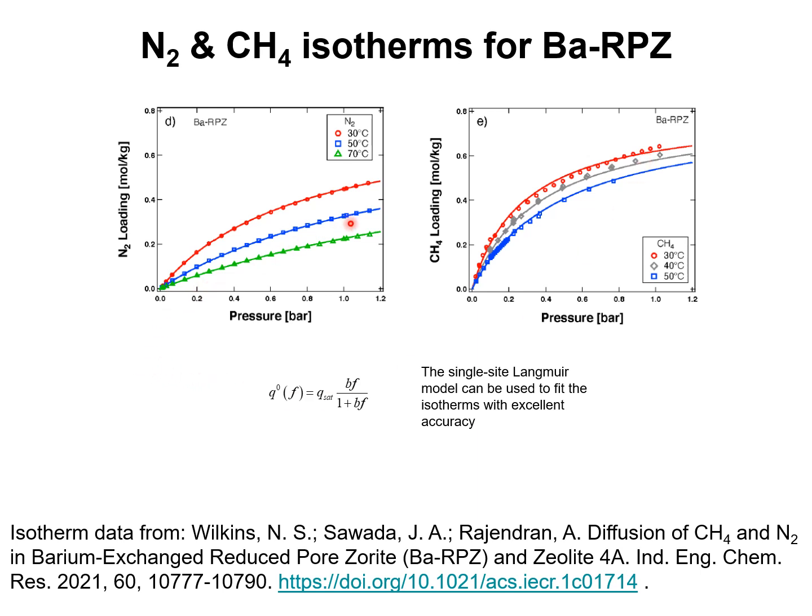Even visual inspection of the experimental data would suggest that for both guest species, the single-site Langmuir model is appropriate. And let's see how the data can be fitted and the isosteric heat of adsorption can be determined from the set of experimental data.